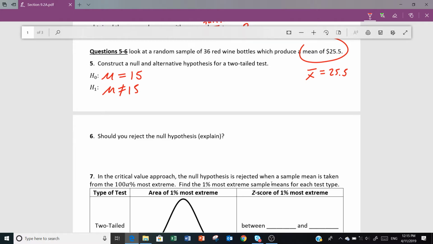They're saying we should. So the sample was 25.5. You can't reject it because, actually, we should.